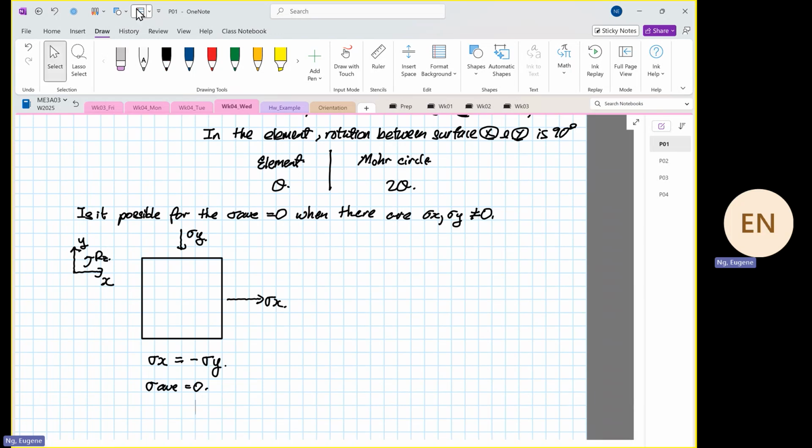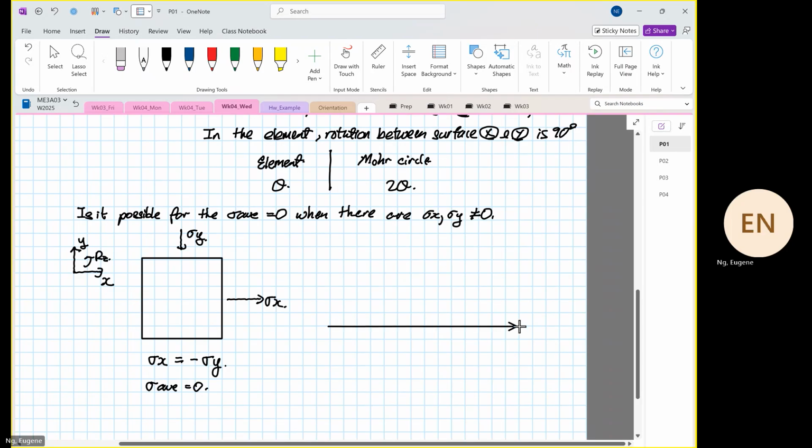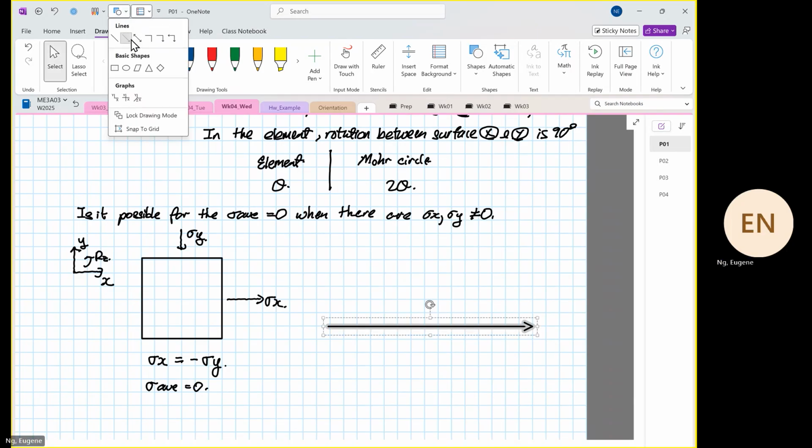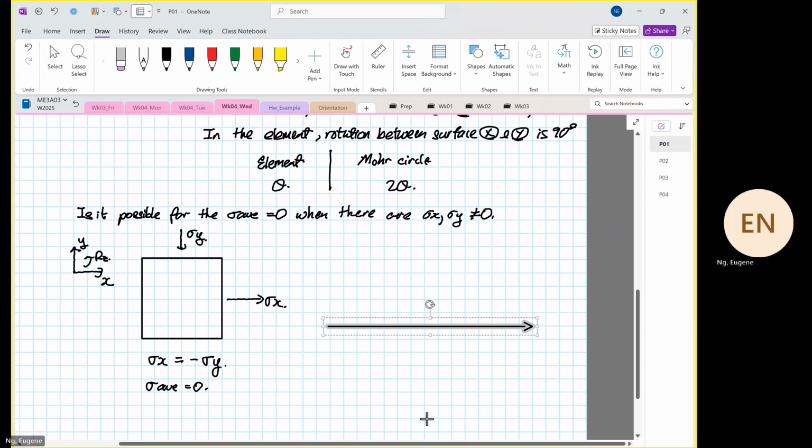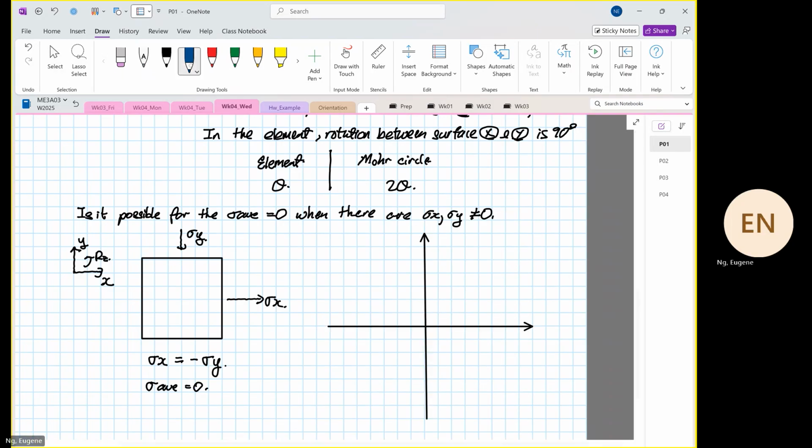Okay, so let me draw this out for you. So now we have our Mohr circle. Again, we label this as X, and then we label this as Y, okay?